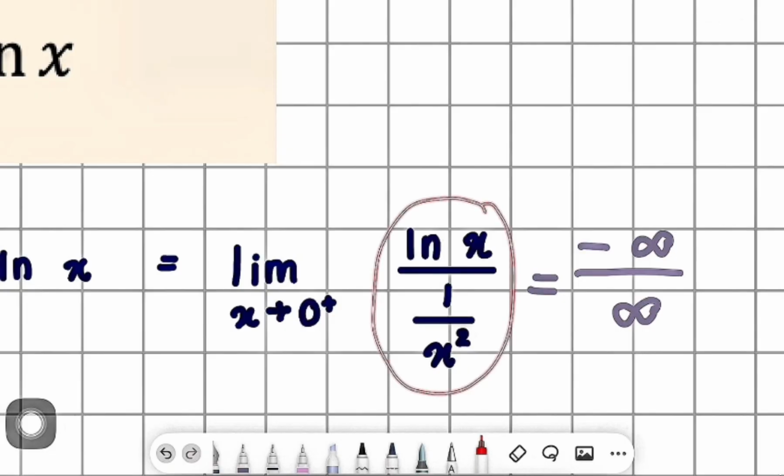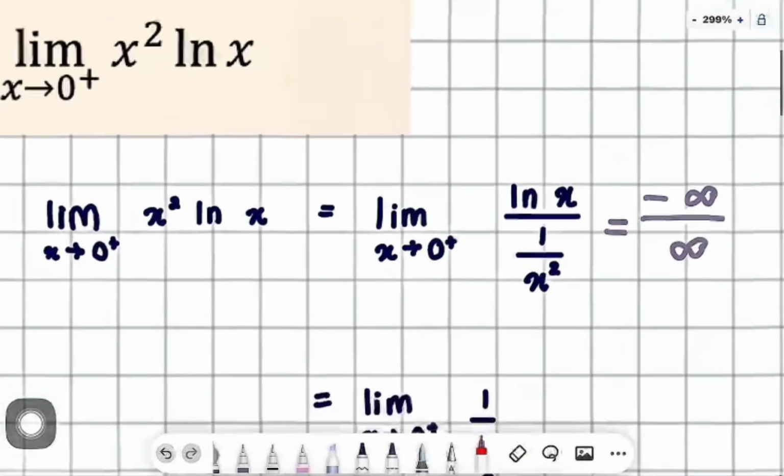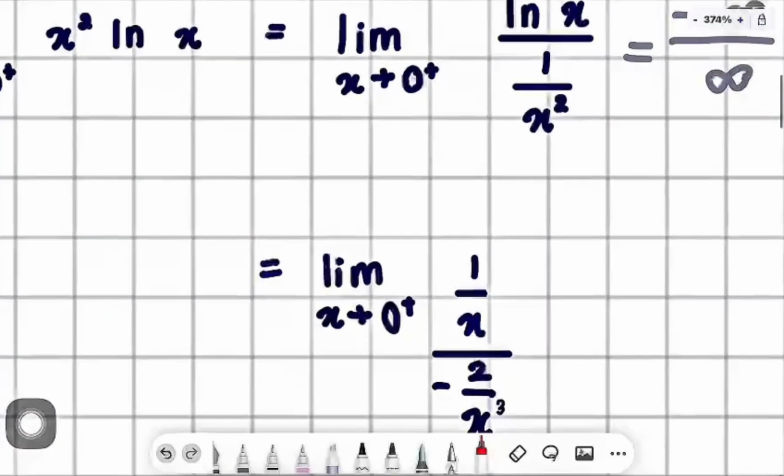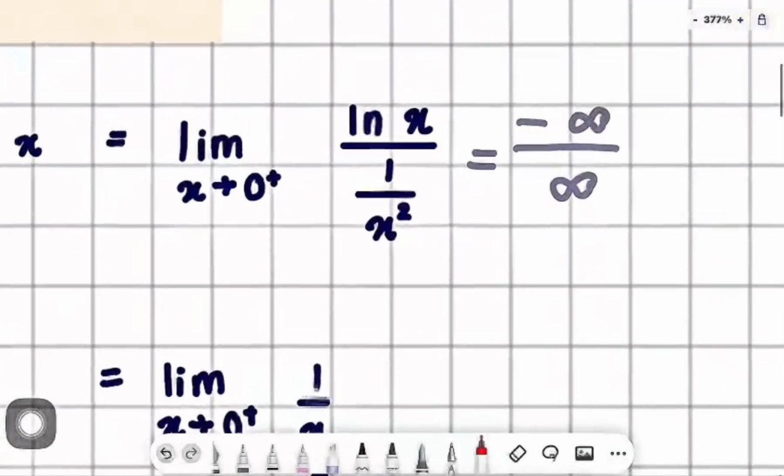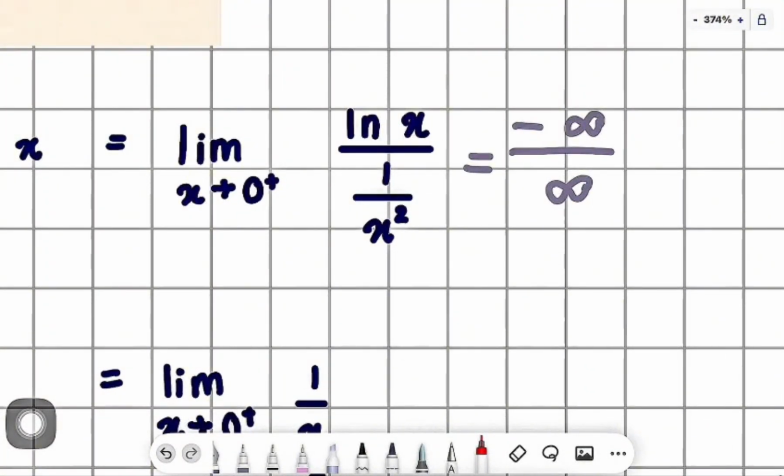I rewrite it as a fraction, so it will be like this. Then as we can see, ln x equals negative infinity, and 1 over x to the power of 2 becomes infinity.